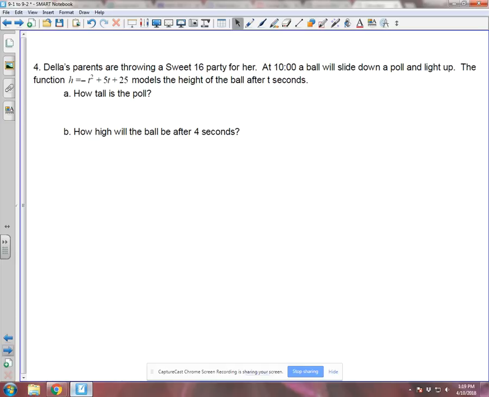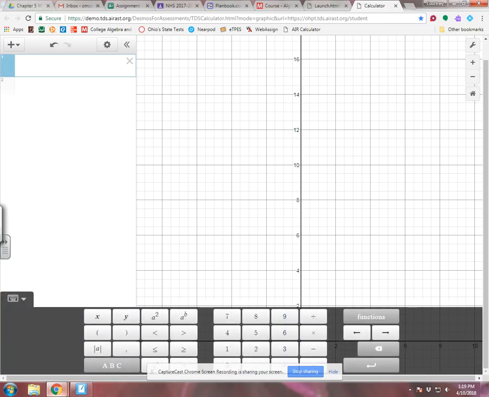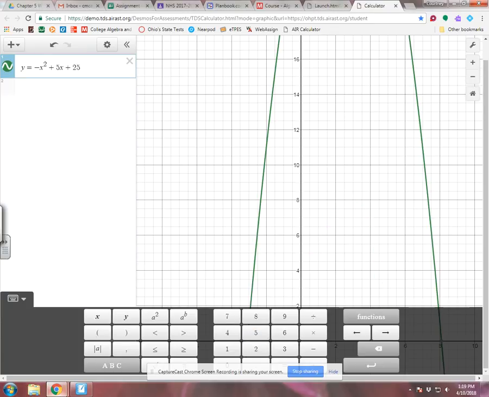Doing okay? So tell me, what's the highest power on this equation? Which means what type of equation is it? Quadratic, which means what shape should it be? A parabola. What is the equation of the axis of symmetry? Now, there's two things you can do here.